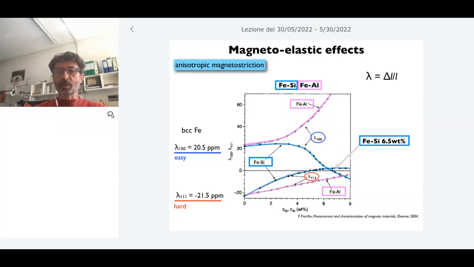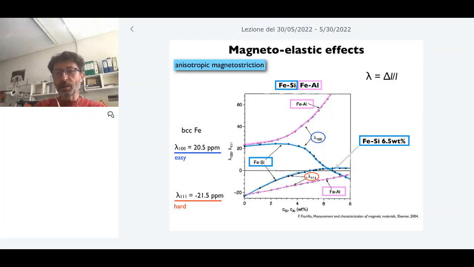So, for example, take iron. Well, we know that we do not use iron, for example, in soft magnetic material, but we use very much iron silicon. We may also study iron aluminium, so an alloy that can be of interest and also easy to do. Then this magnetostriction coefficient will change.